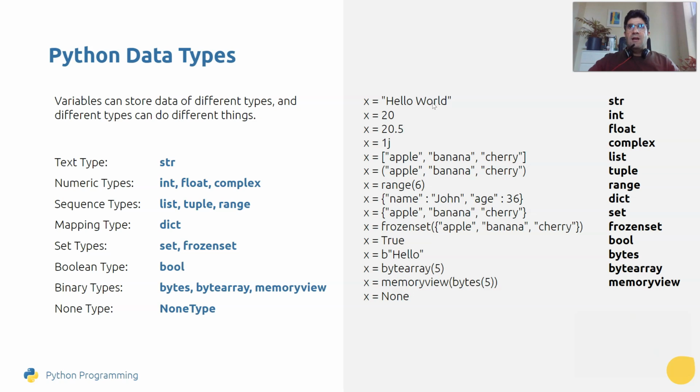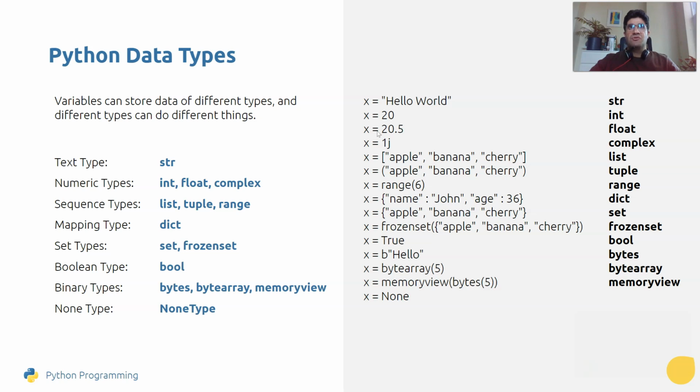none data type. As a sample, as you can see, for example, the first variable is a string because it's a group of characters inside double quotes, so the data type will be string.